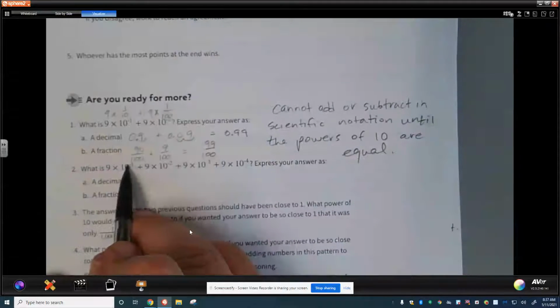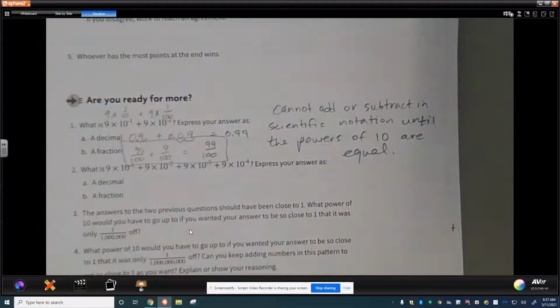And our evidence is right there in the fractions. We'll get into that one in a future lesson.